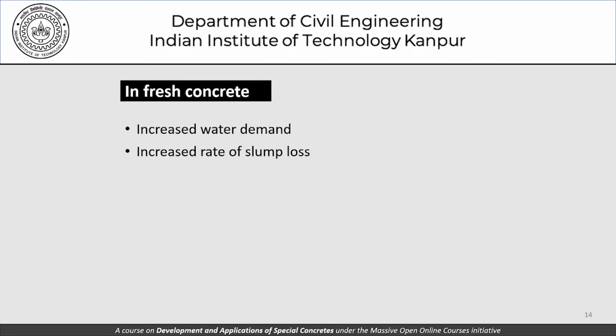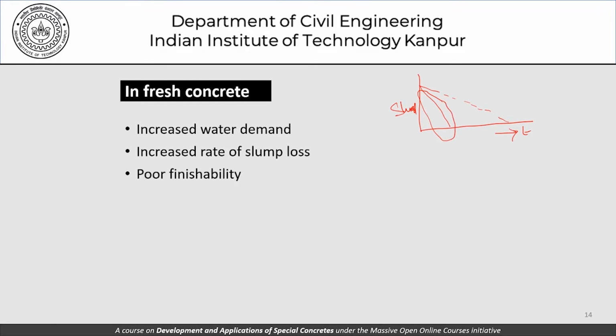We've already seen before that in a normal case, if we plot time with slump, we will have a certain amount of loss, a certain rate of loss. If it is hot weather, this rate would become accelerated. So we'll have a more rapid loss in slump.